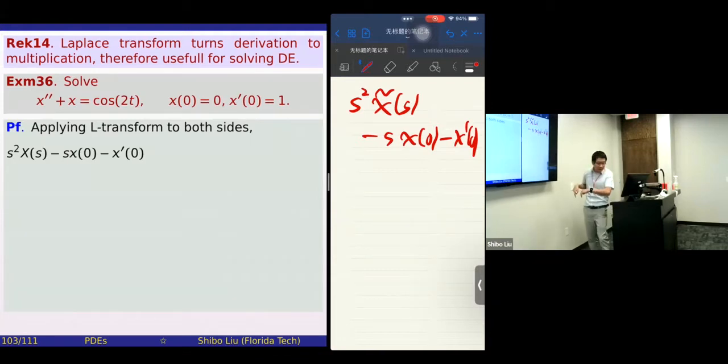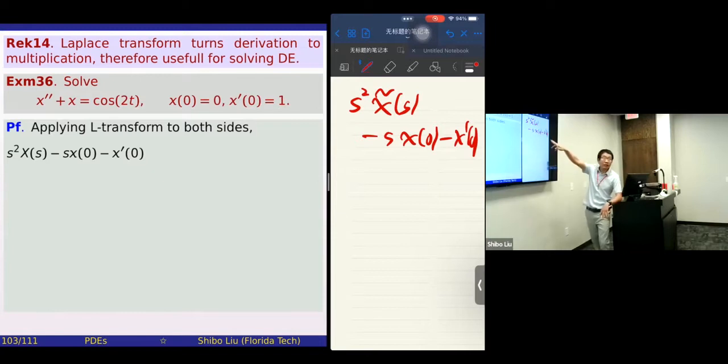From this, we can observe the advantage of the method of Laplace transform in solving ODEs. In general, when we solve an ODE, the traditional method is to find the general solution. Because this is a second order ODE, the general solution contains two arbitrary constants.